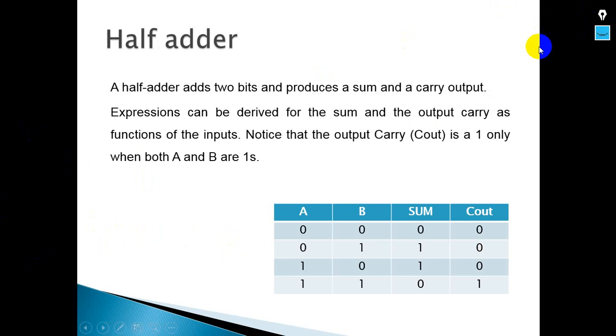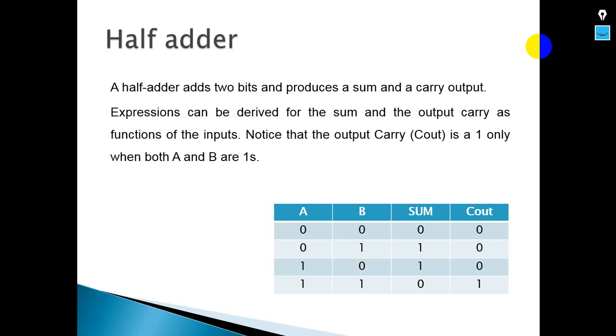In the next slide we have the half adder. A half adder adds two bits and produces a sum and a carry out. Expressions can be derived for the sum and the output carry as functions of the inputs. Notice that the output carry, carry C out, is a one only when both A and B are ones.